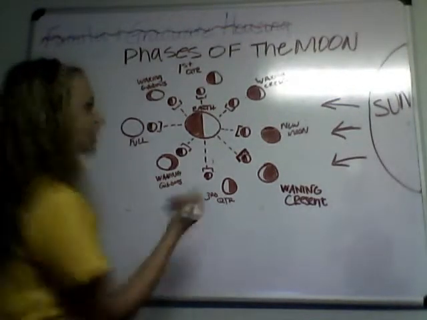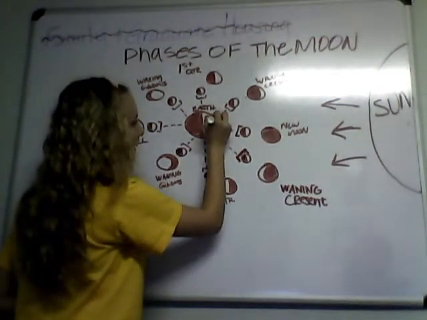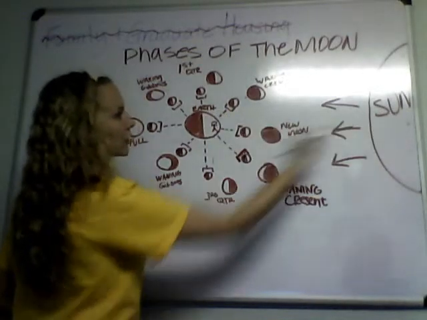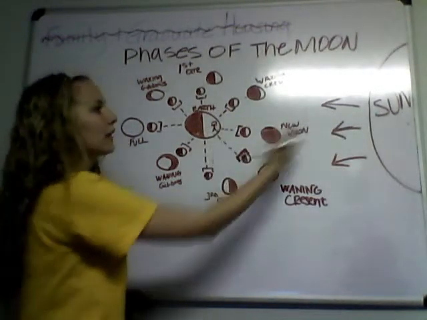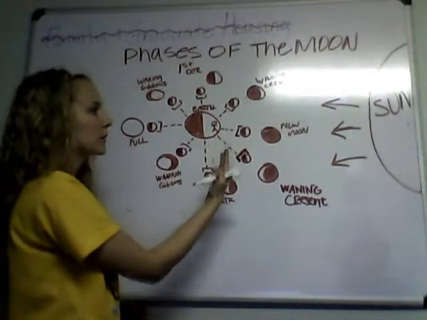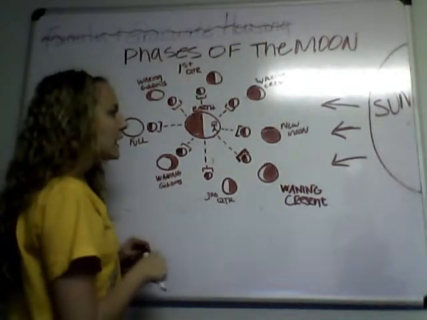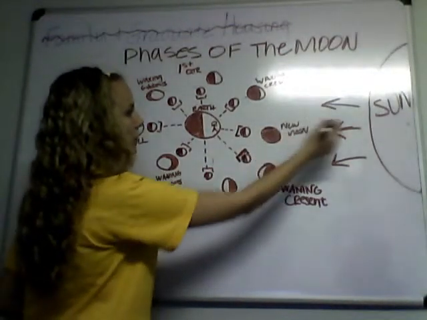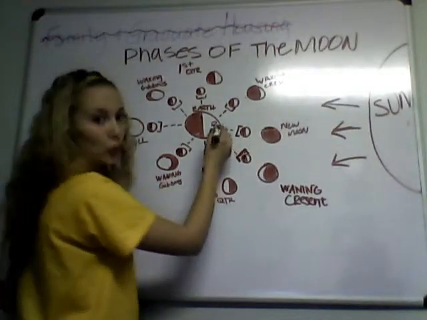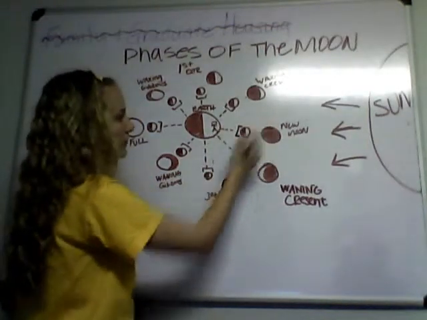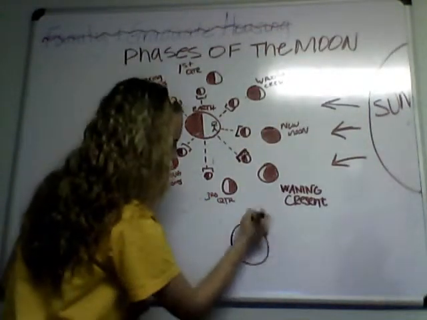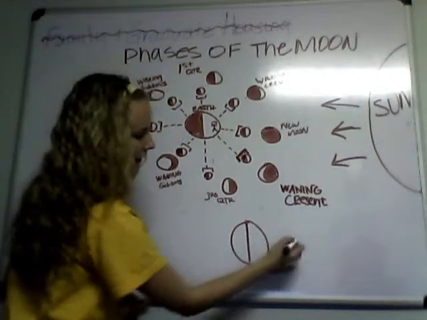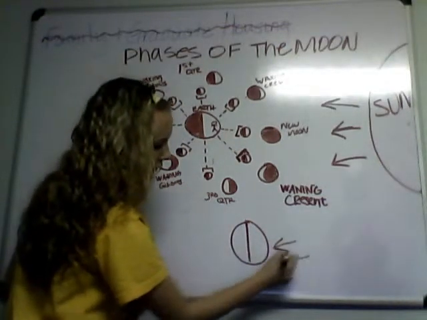So if you are on Earth, right here, then you are on the side of Earth that is facing the sun and getting those sun rays and therefore the light. And if the moon is in between the sun and your view of the Earth, this is the moon, and this is the side that the sun rays are coming to.